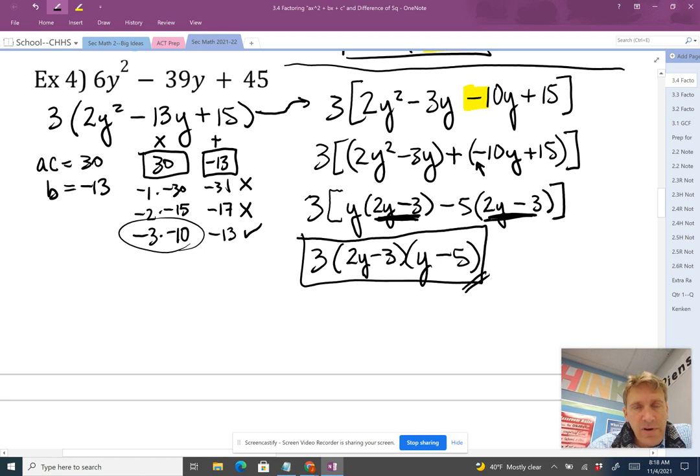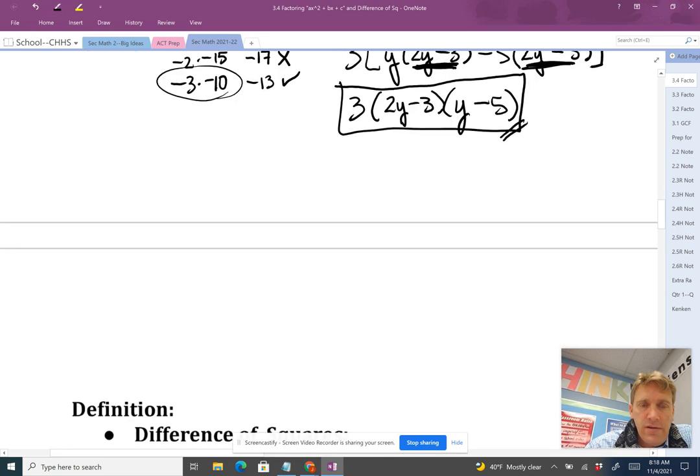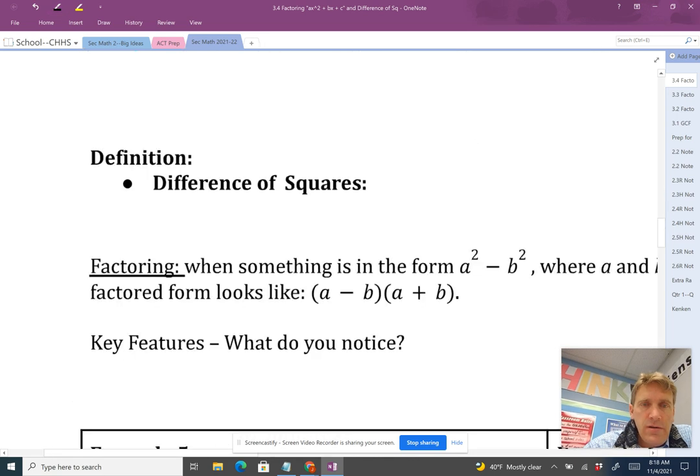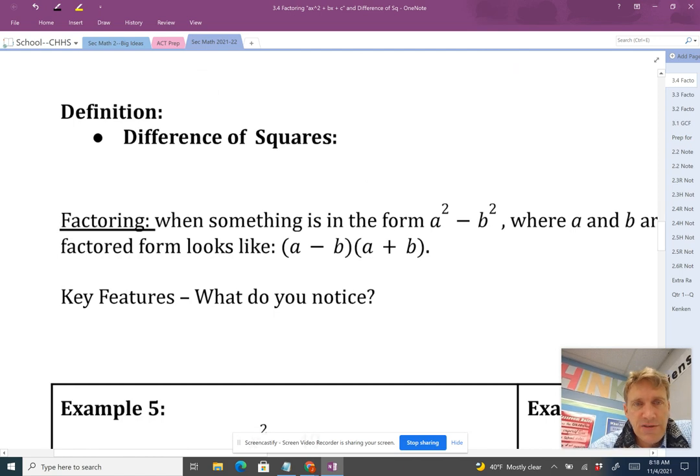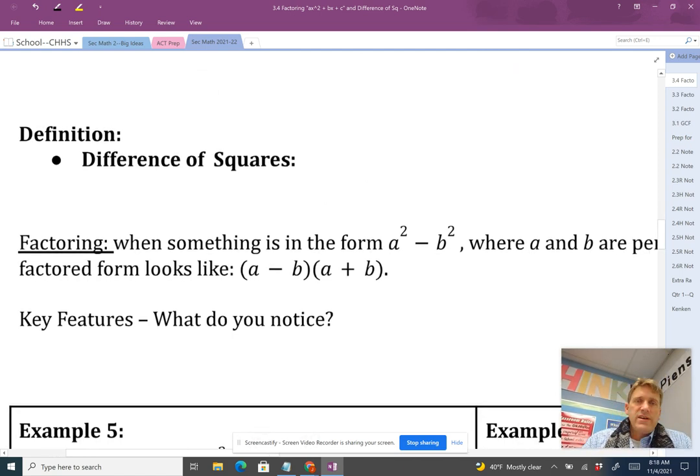All right, we're going to do another little unit here on the difference of squares. For this, I want you to write this down here in your notes.